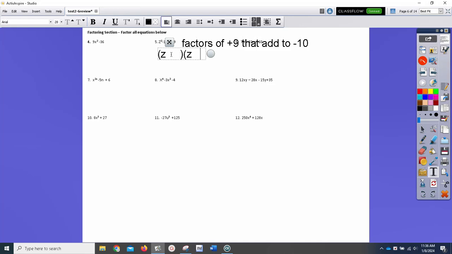They happen to be negative 1 and negative 9, because negative 9 plus negative 1 is negative 10. That's what I'm thinking for those of you who can't factor. And negative 9 times negative 1 is positive 9 at the end. So again, this is how that one factors.